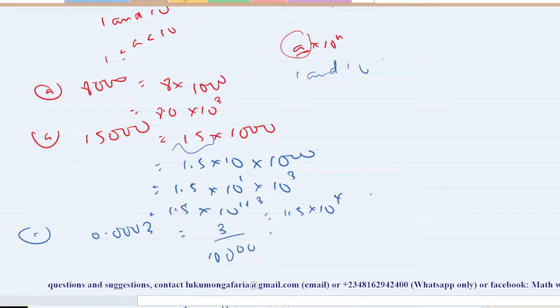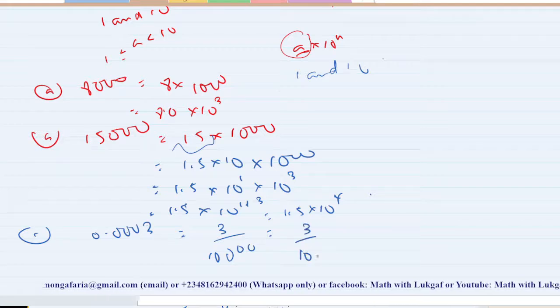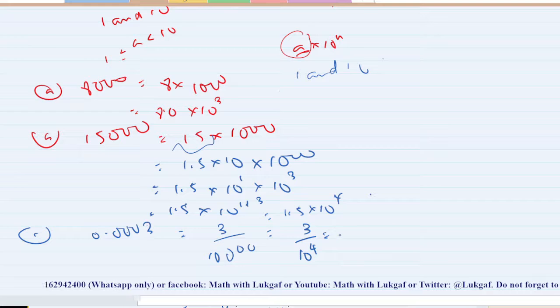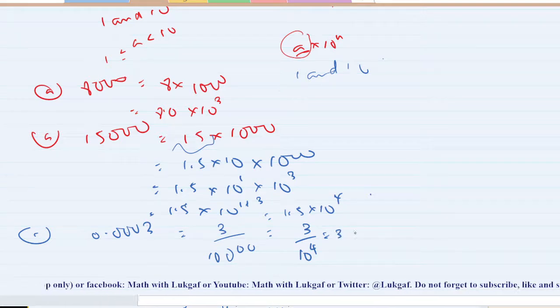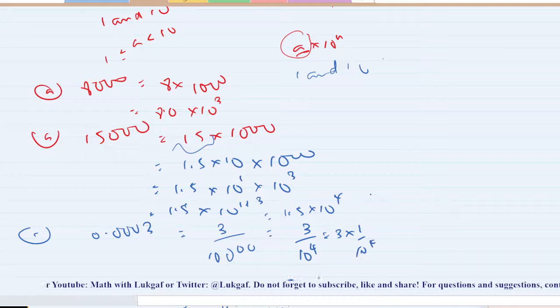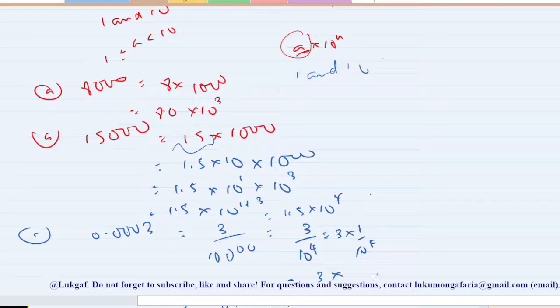And don't forget, you can write it as 3 multiplied by 10 raised to the power 4 in index form, and from your laws of indices, let me write it in this form. So don't forget your negative index: it is the same thing as 10 raised to the power minus 4.